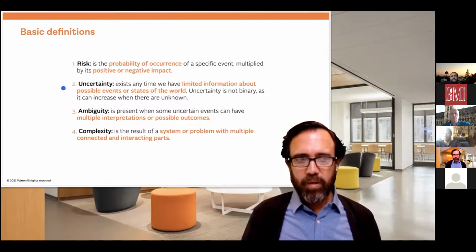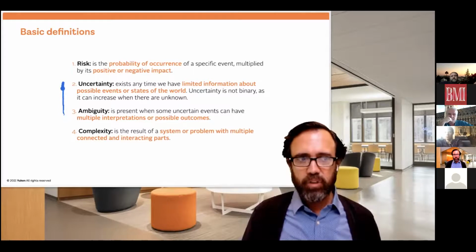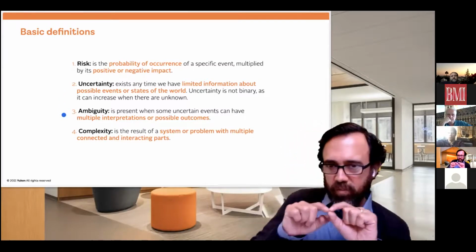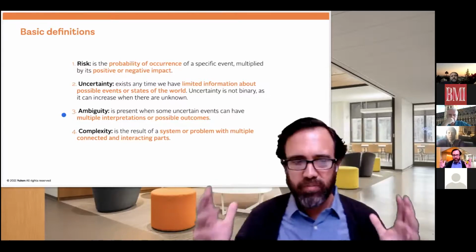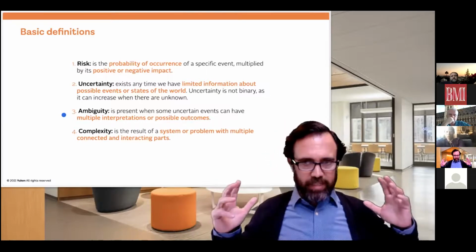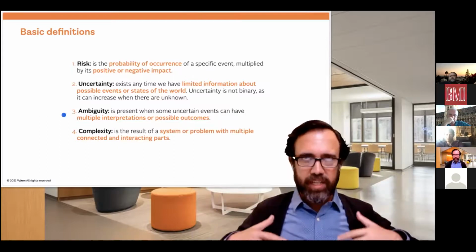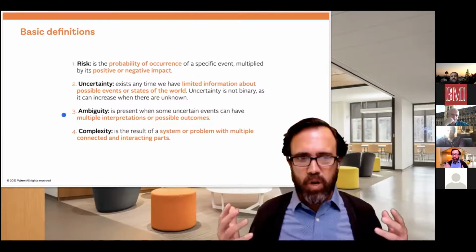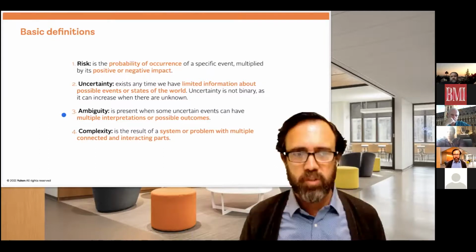So you have risk, and you have uncertainty when we don't have that data. Then you have ambiguity, when the level of uncertainty goes way up. Ambiguity is different. It's uncertainty, because we don't know the states of the world, but also we don't have a clue about the possible interpretations we can get.